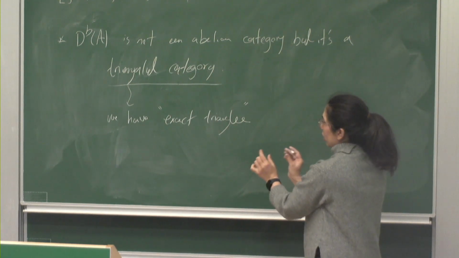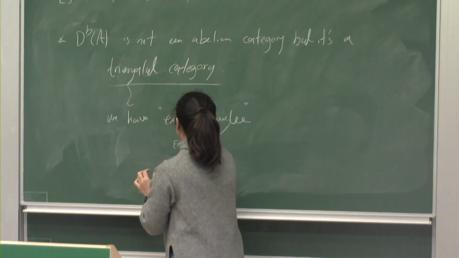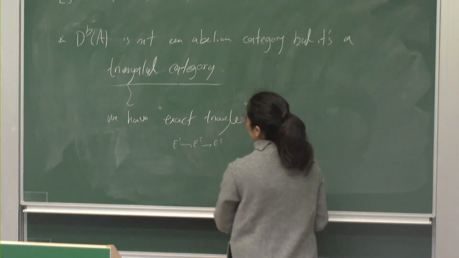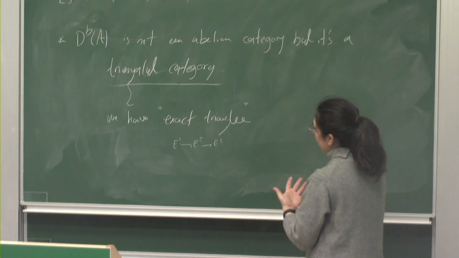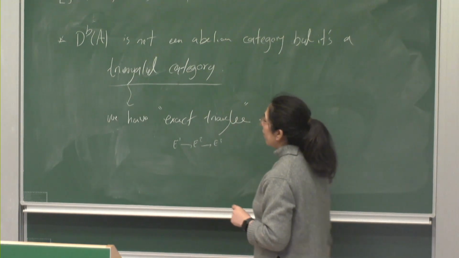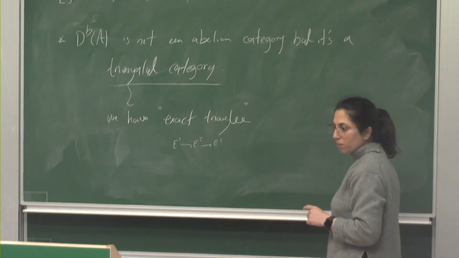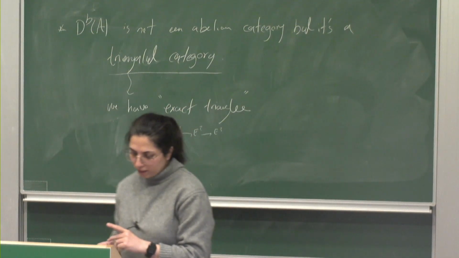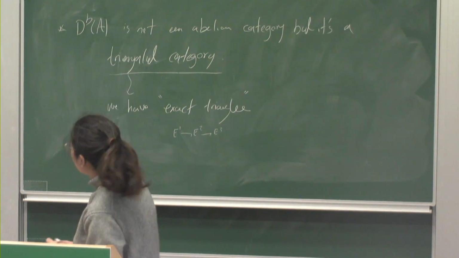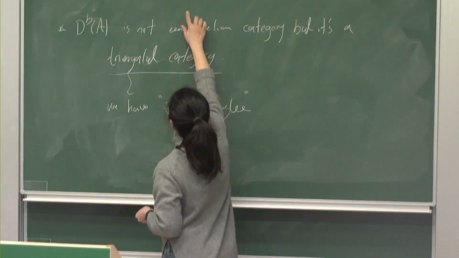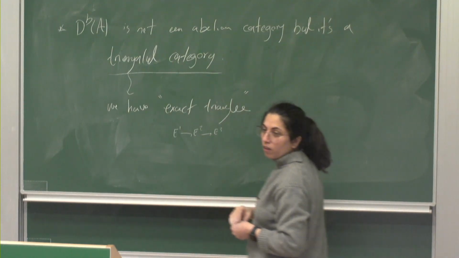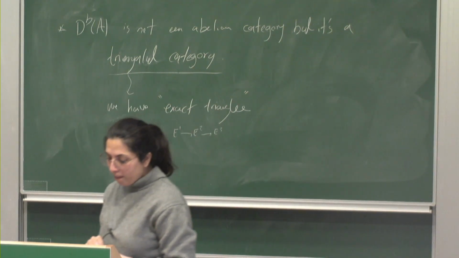It's still a collection of 3 objects, E1, E2, E3, which satisfy some assumptions when we look at the morphisms between them. As I said, it just behaves like short exact sequences in an abelian category. We will see some examples during the talks. For instance, any short exact sequence in A will be an exact triangle in D^b(A).